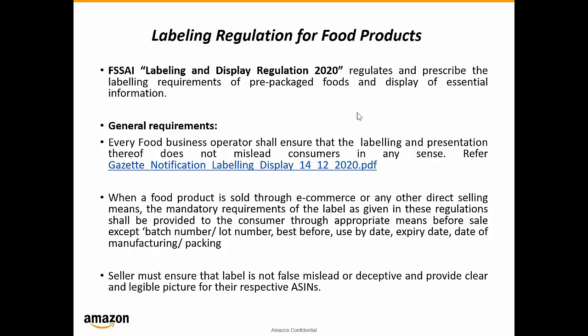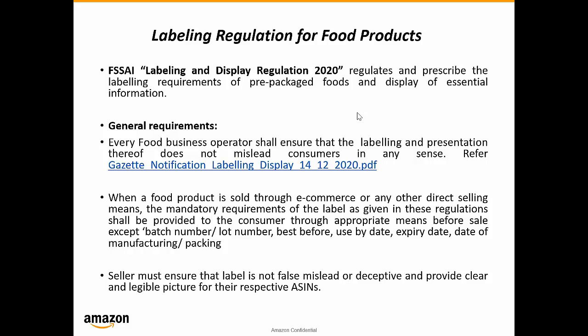So that is how the regulation is important for us as well. When a food product is sold through e-commerce and display images are provided to the customer, those images should tell that the relevant information is present on the food. For example, allergens are very critical information that should be provided to the customer to choose the right product.